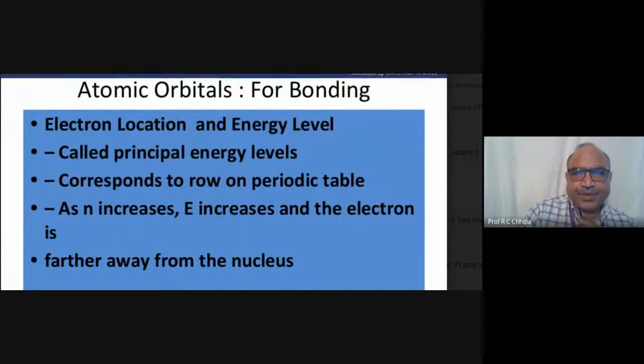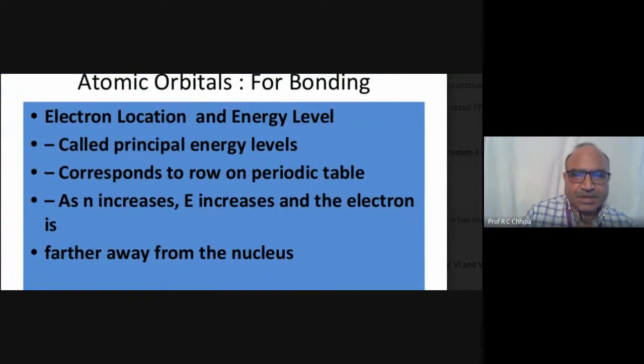Now we have discussed electron location, where the electron is present, and then where is the energy. Because the electron is continuously moving, that needs energy. If we move continuously, we definitely require energy, and electrons have different energy levels.